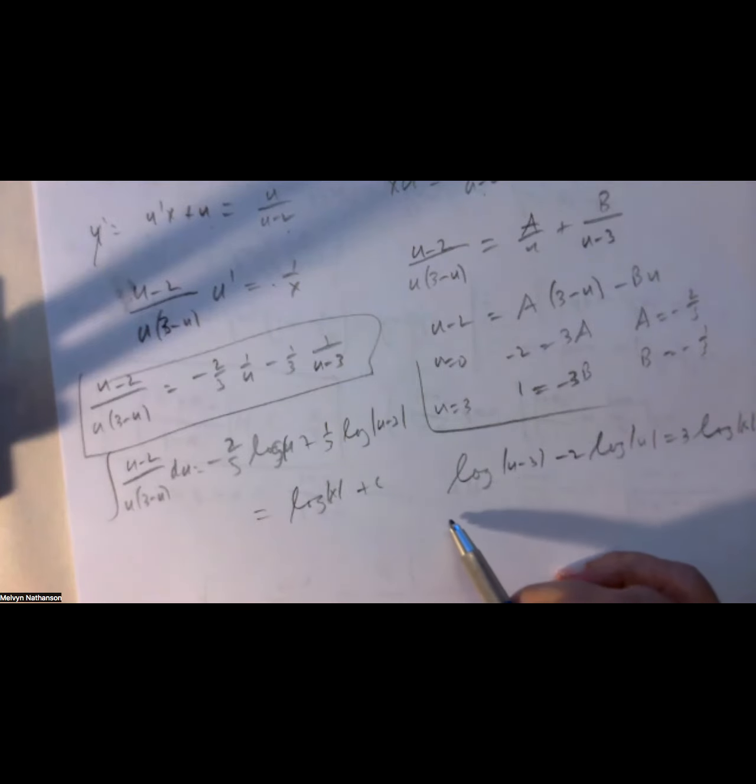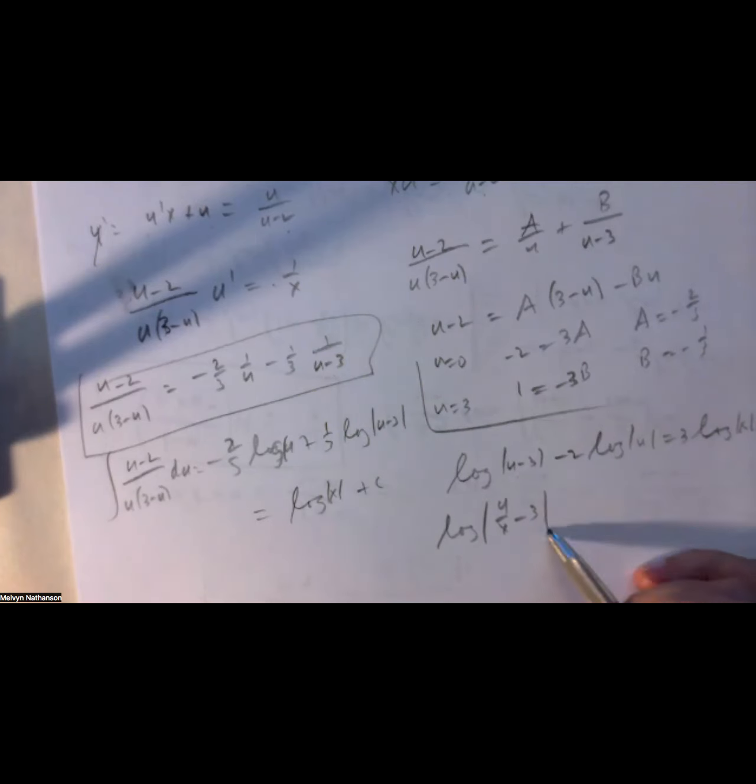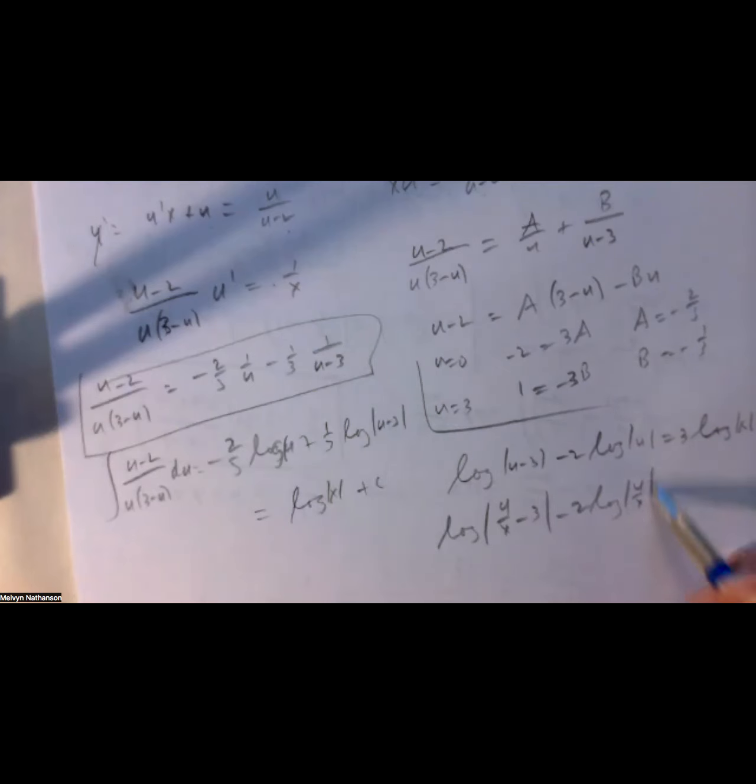U is y over x, so I get the log of y over x minus 3 minus 2 times the log of y over x is 3 log x plus c.